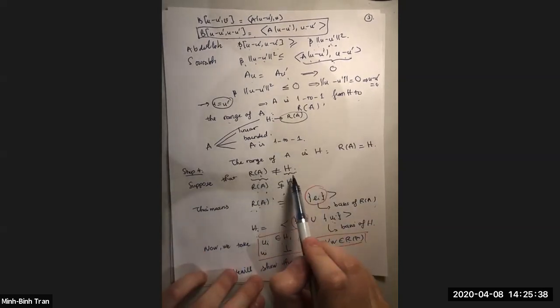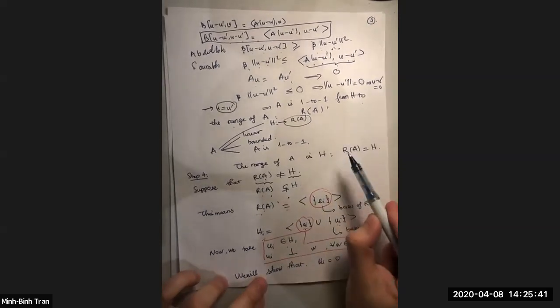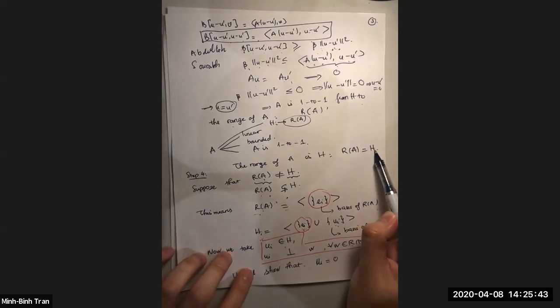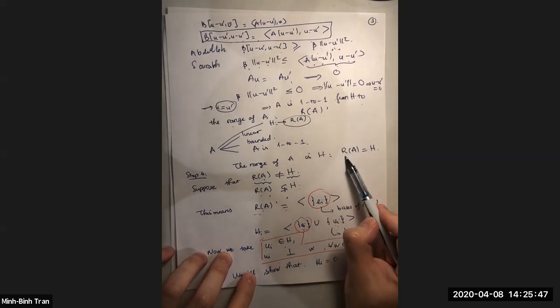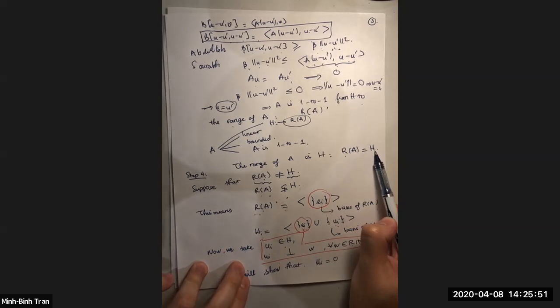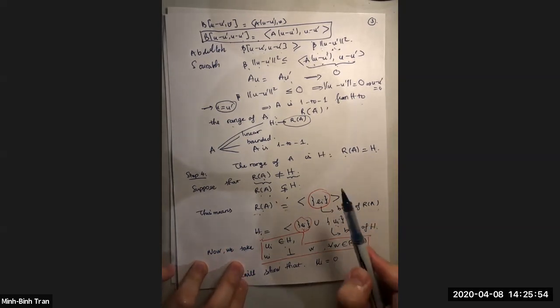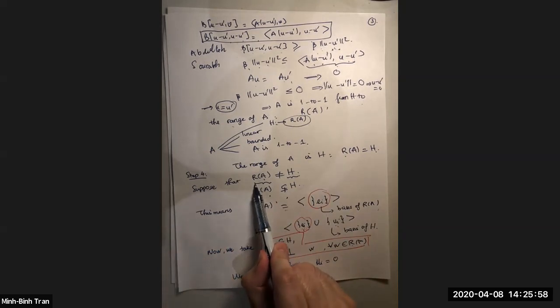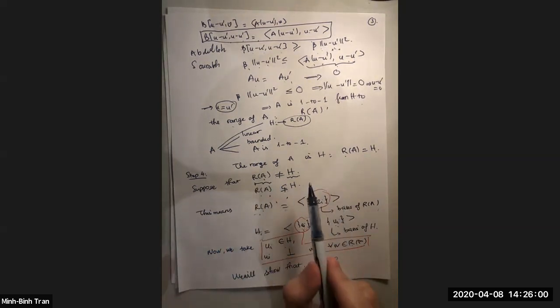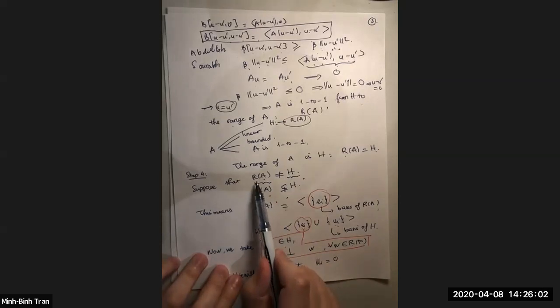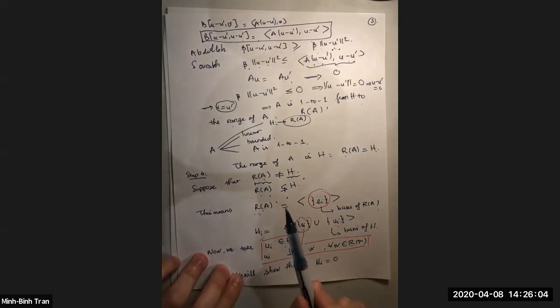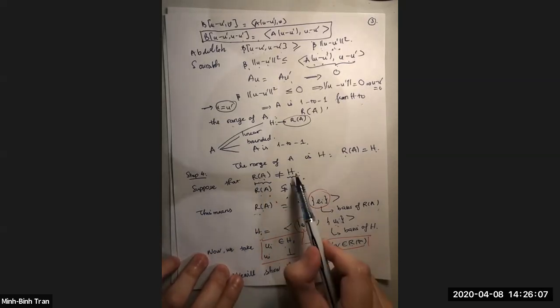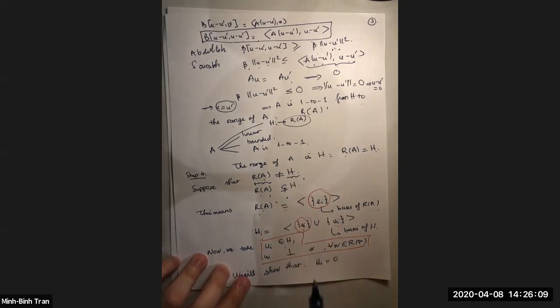I explain again. So you have two vector spaces. This is the range of the operator A, and this is the Hilbert space H, right? You want to show that this vector space is the same as this H, so we prove it by contradiction. We suppose that, okay, this vector space is completely different from H, which means that this is going to be a subspace, a subset of H, but it is not H, right?